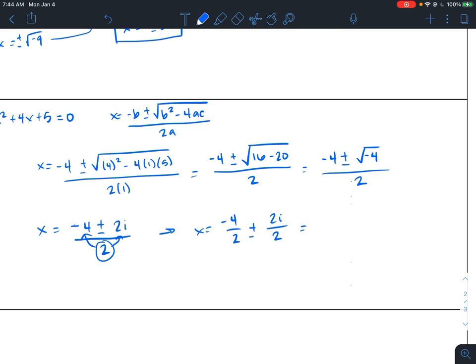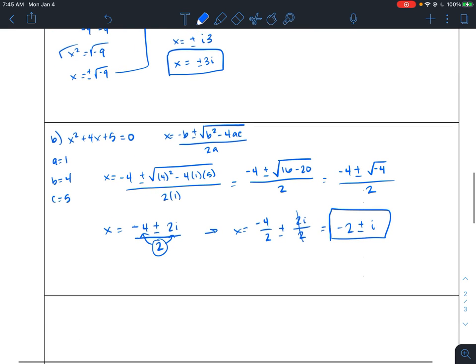So negative 4 divided by 2 is negative 2. And then here, the 2s will cancel. So plus or minus i. And that's our solution right here. Those are the two solutions, negative 2 plus i and negative 2 minus i. And that's a complex number right there.